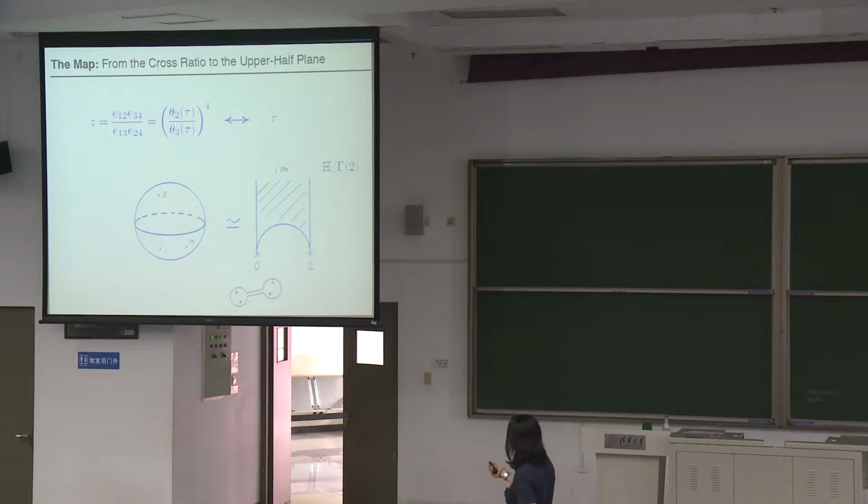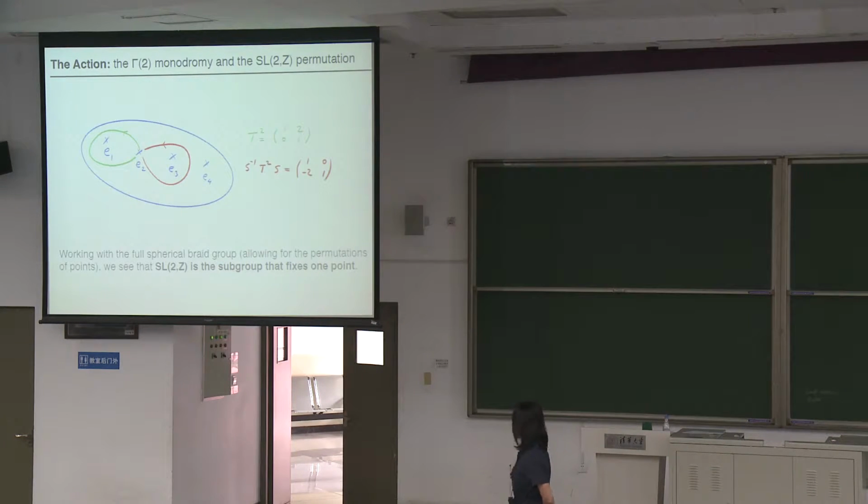So if you translate between gamma 2 and a mapping class group, you'll get the following simple picture, namely the 2 generators of gamma 2 simply correspond to the 2 generators of the monodromies on the sphere with 4 punctures.